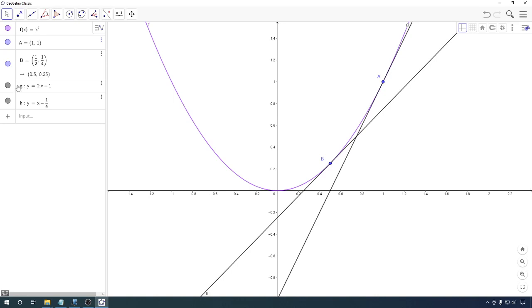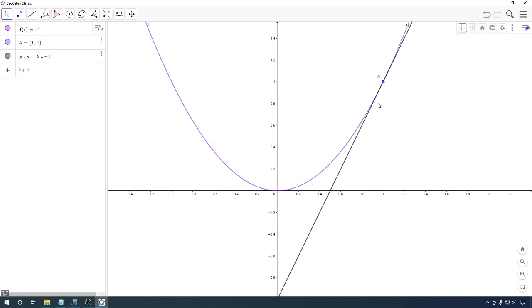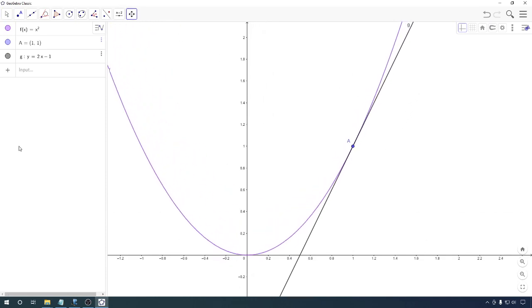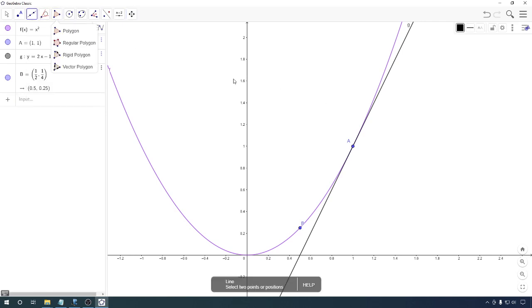So I'm going to go ahead and take out the point B for now. We don't really need that for going forward. Actually, I guess we can go ahead and use the point B for what we're going to do for the moment.